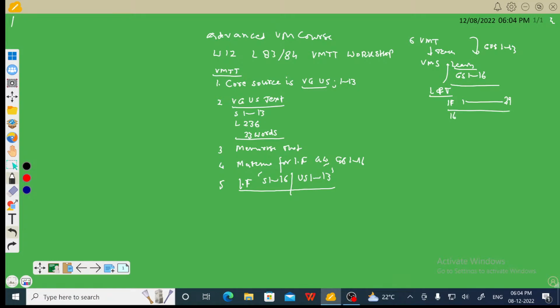16 is a Jeev, being, child, and 13 is a Chit, consciousness. 29 is Brahma, creator. So the knowledge is to be parallel with the creator's knowledge.